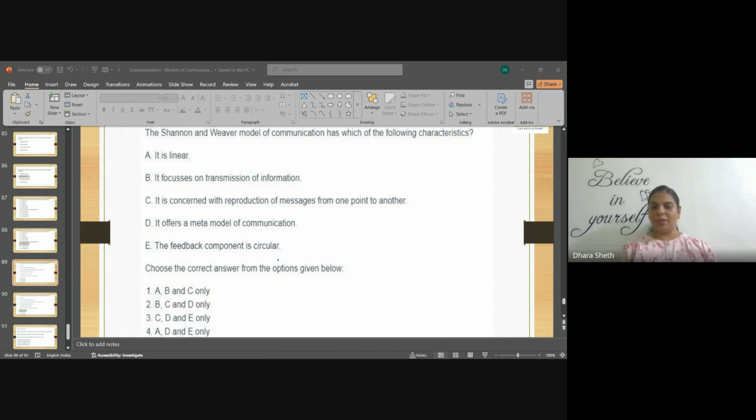So now you need to remember whether it was linear, interactive, or transactional. Based on that, you can decide whether A is applicable or not. And based on what we have learned about linear, interactive, and transactional, there are 2-3 options which you can anyways decide.